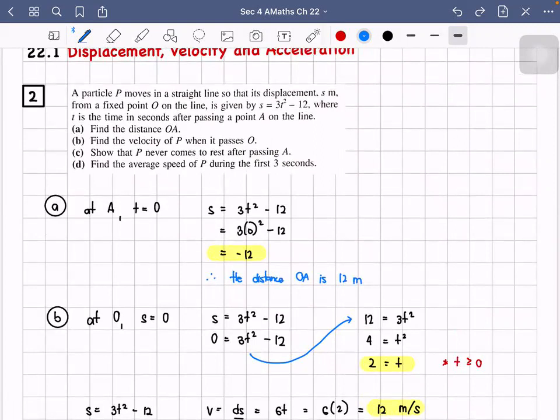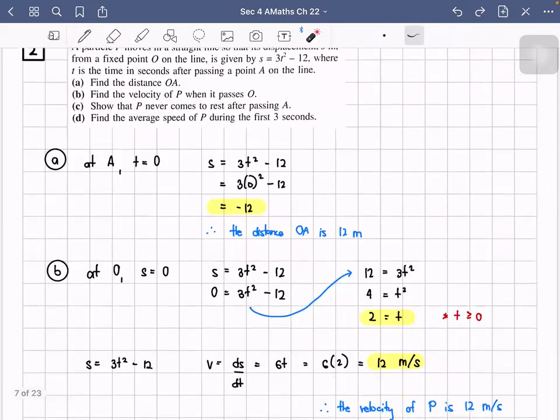Now for letter B, let's find the velocity of P when it passes the origin. It's asking for the velocity. Before we derive the velocity function, what I did here is to find the time, because time is the only constant among these three.